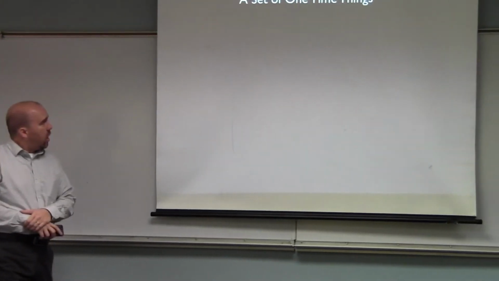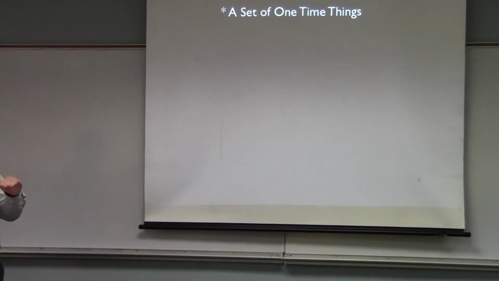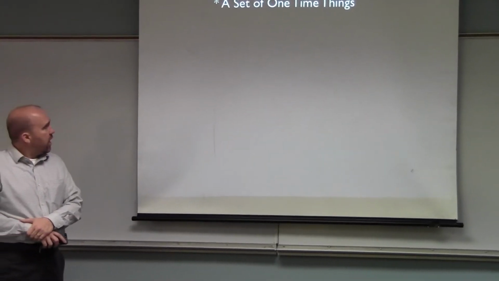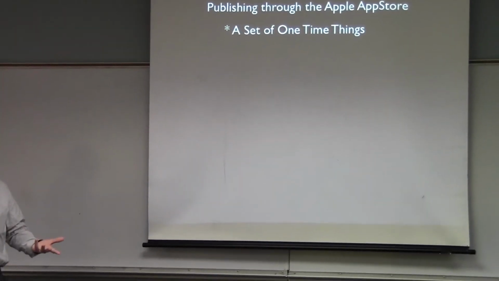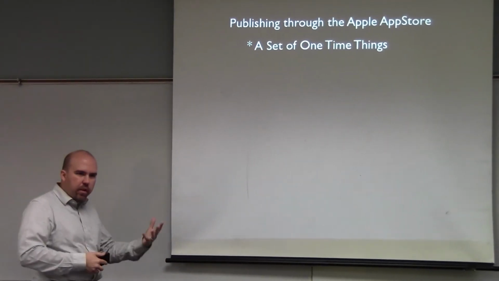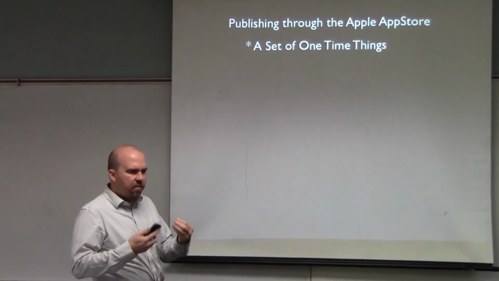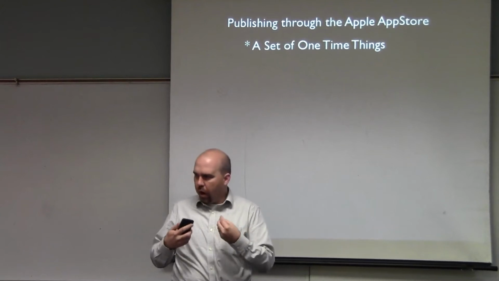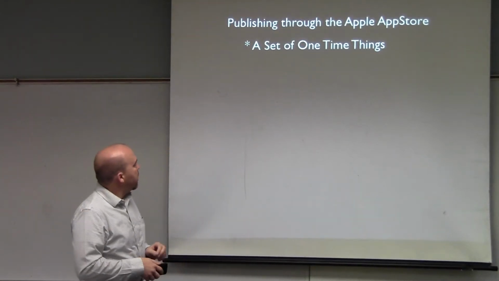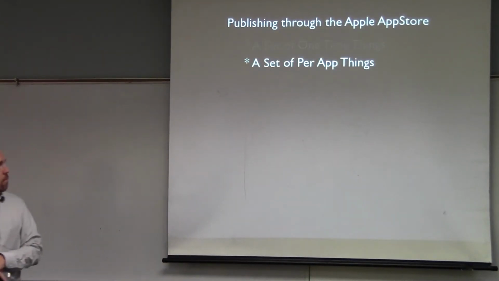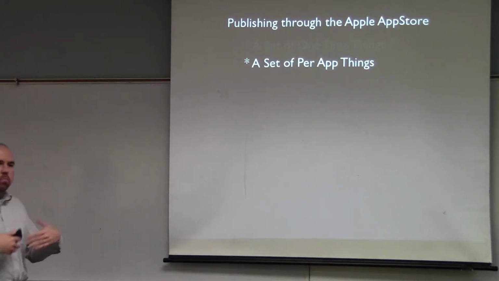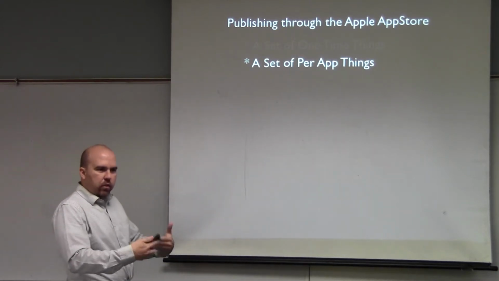four sections, which we're going to talk about briefly. First, there's a set of things you have to do one time: prepare your machine, prepare your developer certificate, and so forth. Then there's a set of things you have to do per app, so if you publish multiple apps to the store, you do these for each app.